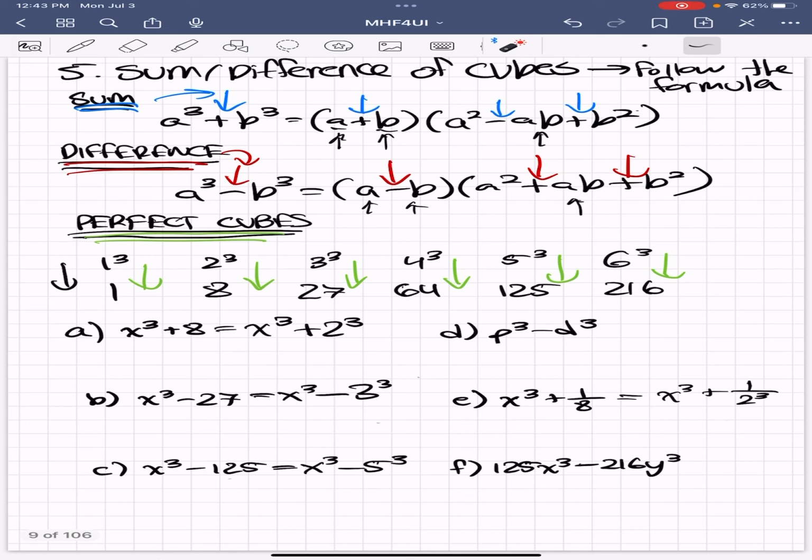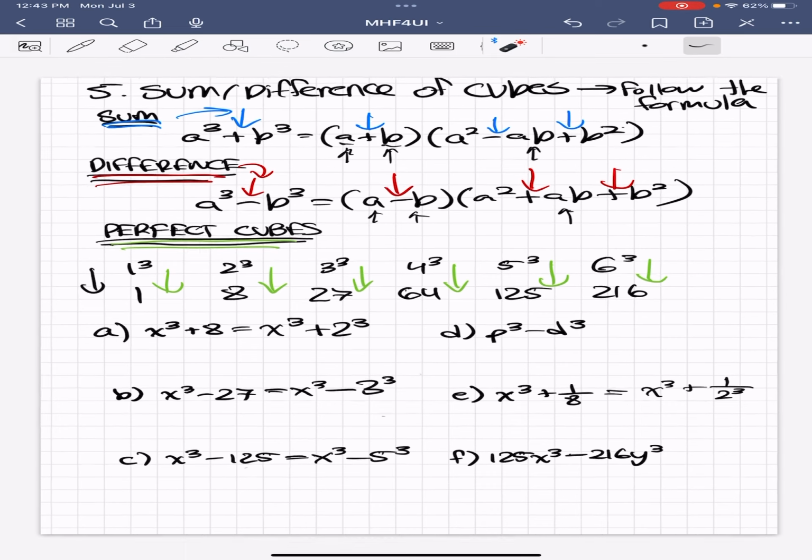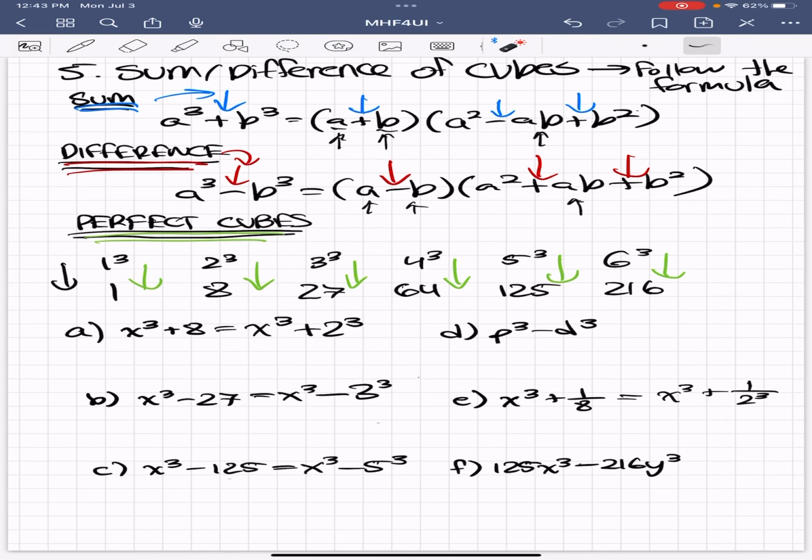I doubt we'll go higher than 6, but I'm just writing them out so you know what to expect. Okay, I'm going to give you a moment to write down the formulas, and I want you to look them over a few times. Follow the formula. Okay, let's begin.